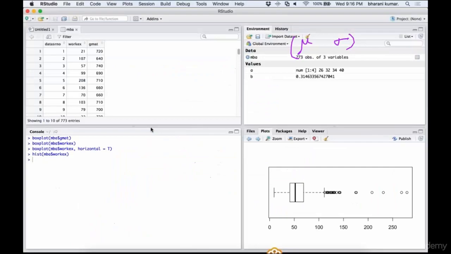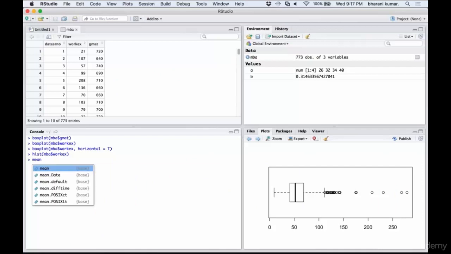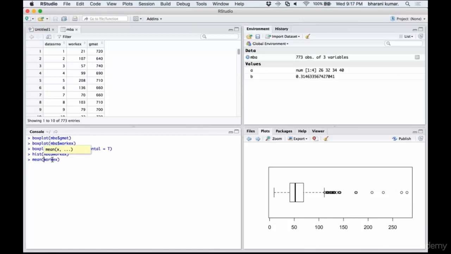And look at this. If you want me to calculate the mean for the random variable called work experience, in MBA dollars, sorry my bad, I forgot that.